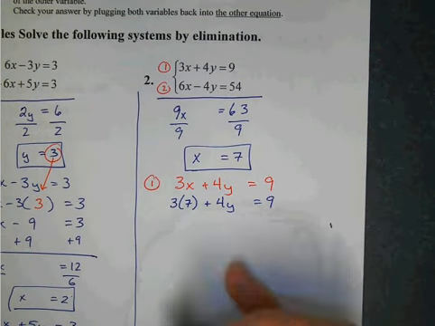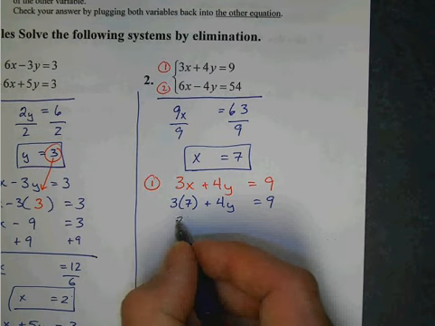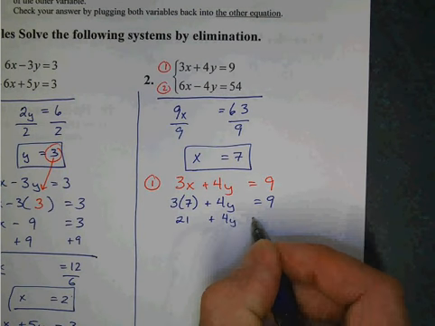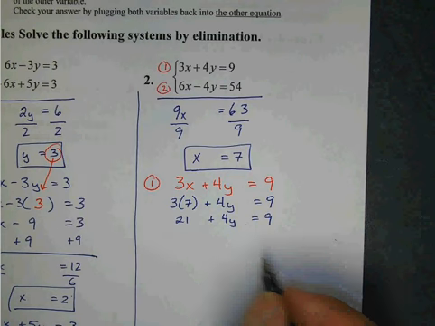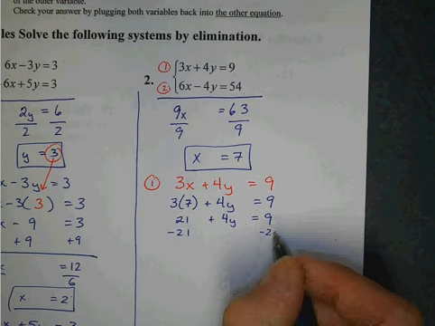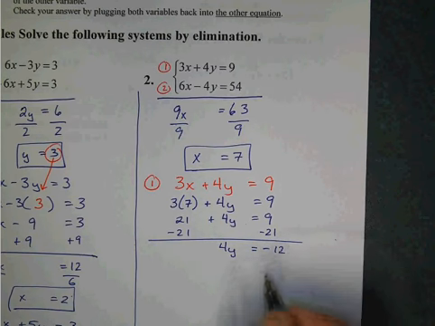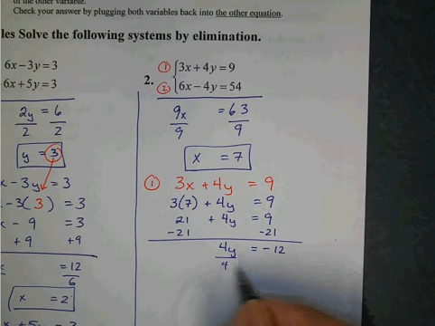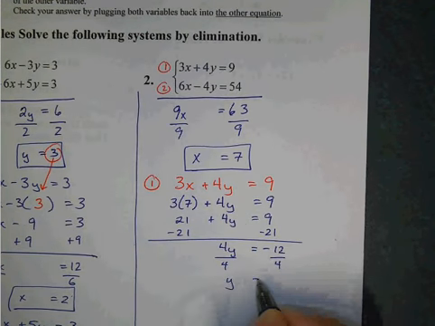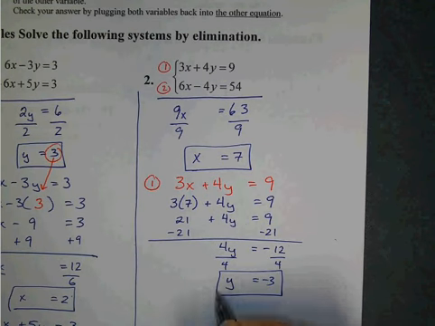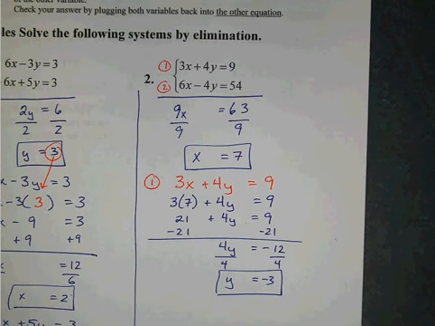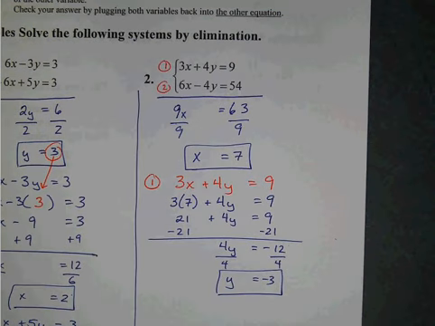And then you solve, so 21 plus 4y equals 9. Keep going. You're doing great. Subtract 21. So it should be 4y equals negative 12. Good. And then divide it by 4. Okay. So there's Brett's second answer, negative 3. He used the first equation to solve it.